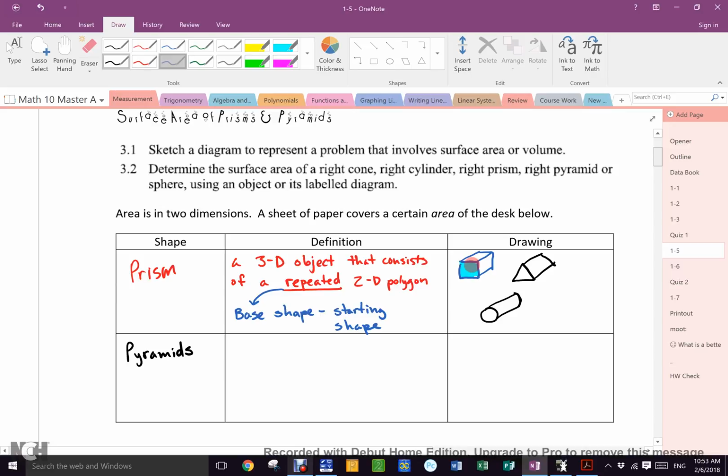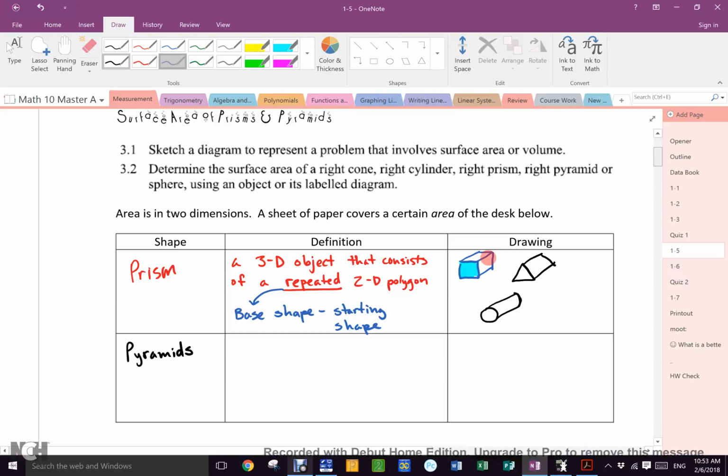You can see them. They're both 3D. Awesome. What else? They both start from a shape, right? A pyramid on the ground at the bottom has a shape, usually a square or a rectangle, right? Okay, what's different? They build up. That shape repeats, doesn't it? Now, in a prism, Mason, the shape repeats and doesn't change.